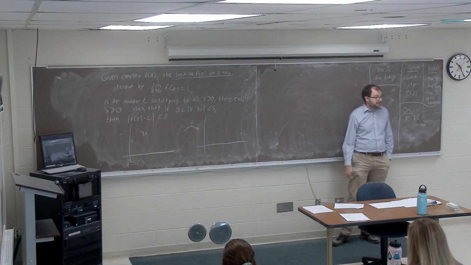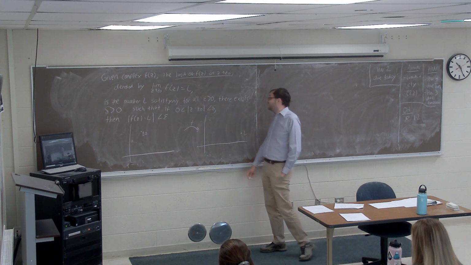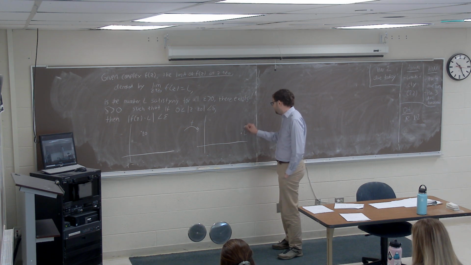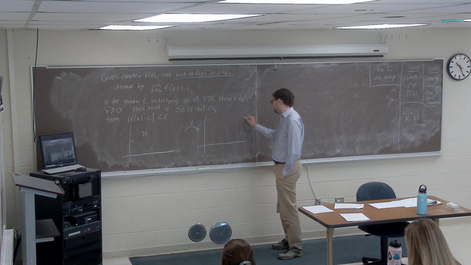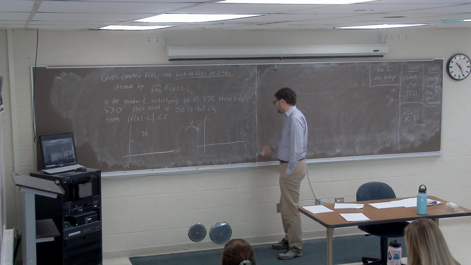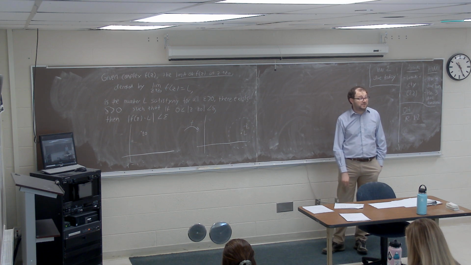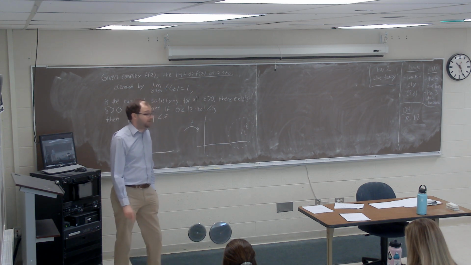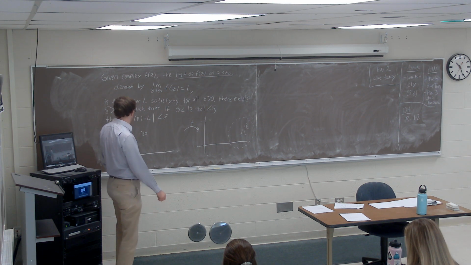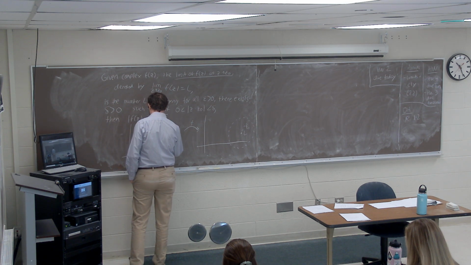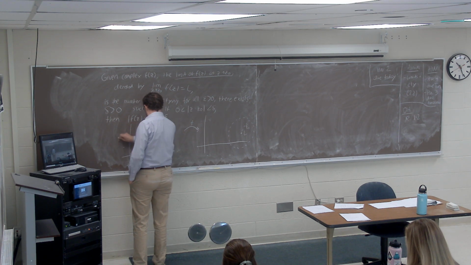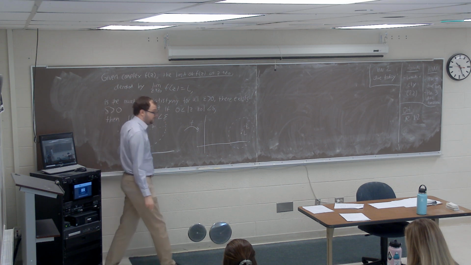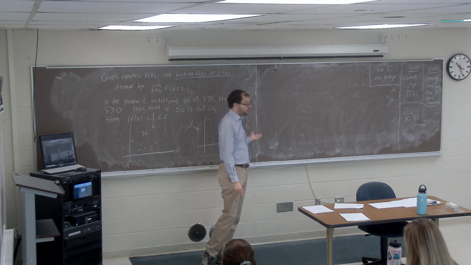The key idea is that if I set any epsilon distance around L out here, so let's say an epsilon 1, it needs to be the case that I can draw some delta 1 neighborhood in the original copy of the complex plane around z naught. Let's say it looks something like this, so that everything in the delta neighborhood of z naught has to map to points within our epsilon neighborhood of L.